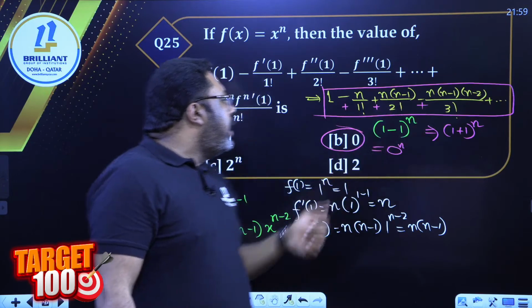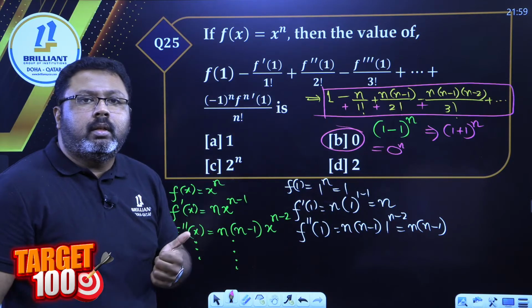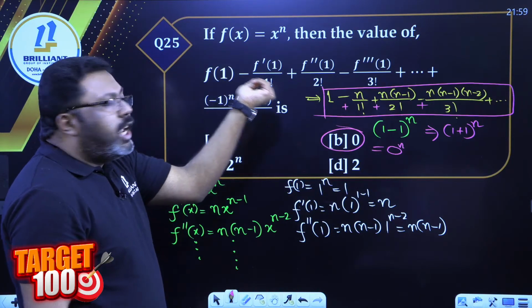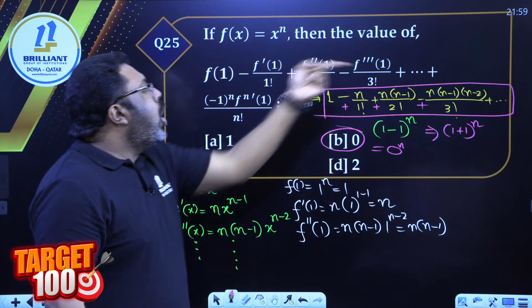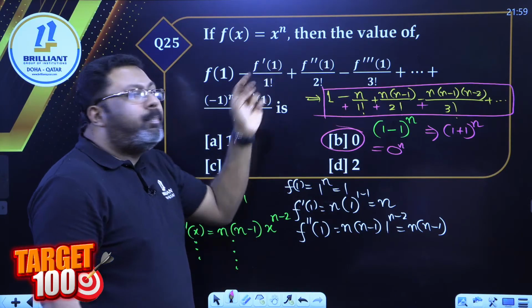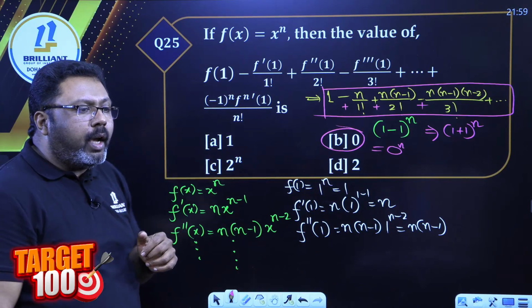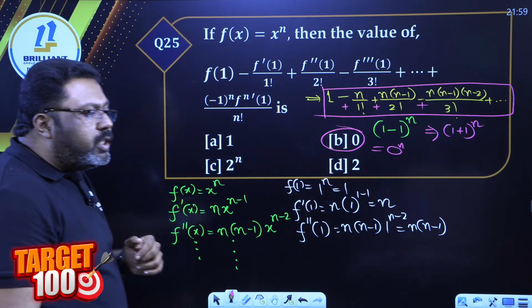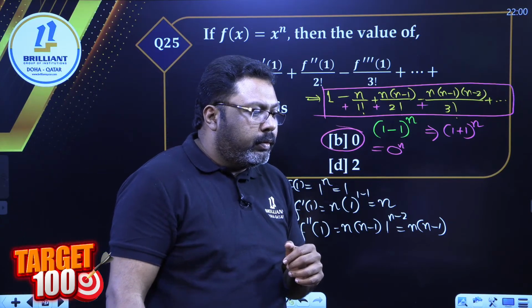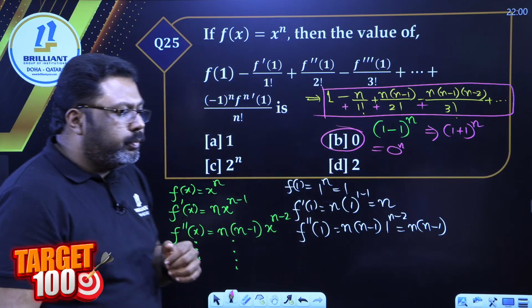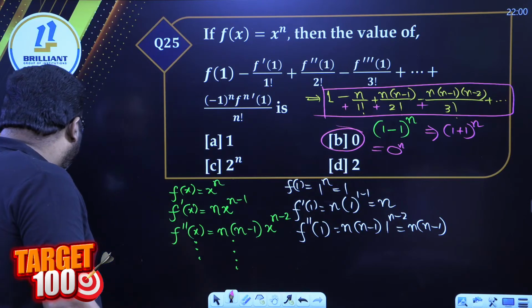If it was 1 plus 1, you would have said 2 raised to n. So the only change that can happen in the question is all positive or alternate plus and minus. Keep in mind, all of you. I hope everybody is clear. Can I move forward now?